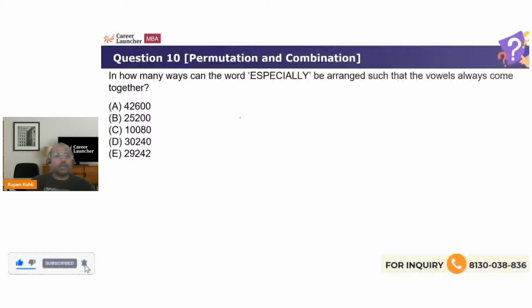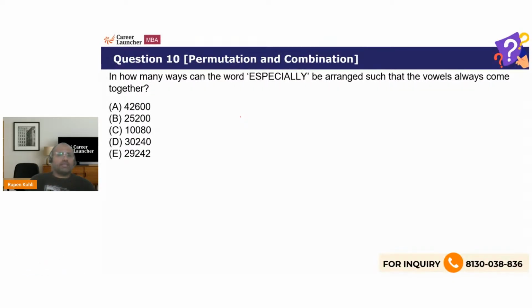PNC. In how many ways can the word especially be arranged such that the vowels always come together? Now, vowels are many. There are two E's, and there is an A. There is an I also.